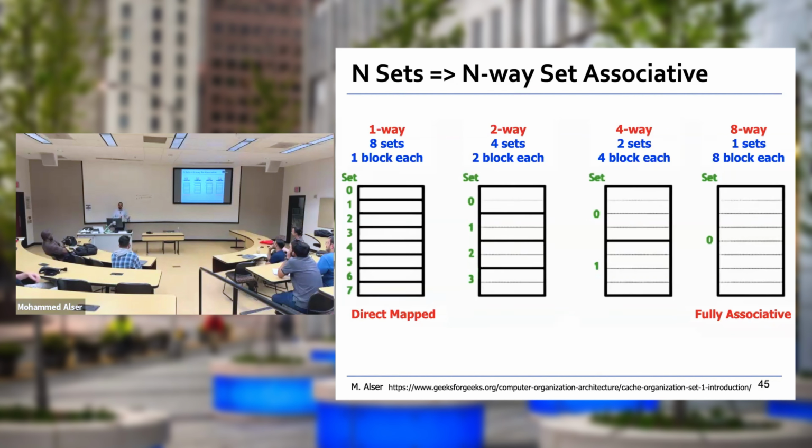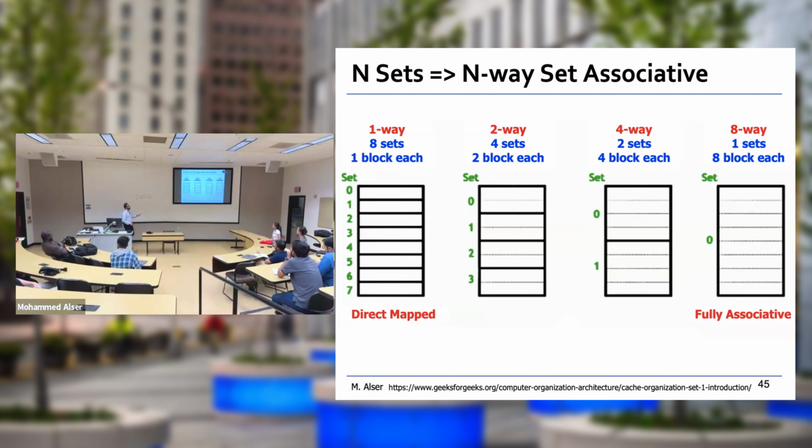Or a conflict, meaning that we need to evict the cache block that exists in the cache, remove it back to the DRAM, or just ignore it, and then replace it with the new one in the same location. So once we increase the number of ways in each set, we're going to reduce the miss rate or the conflict rate, okay?